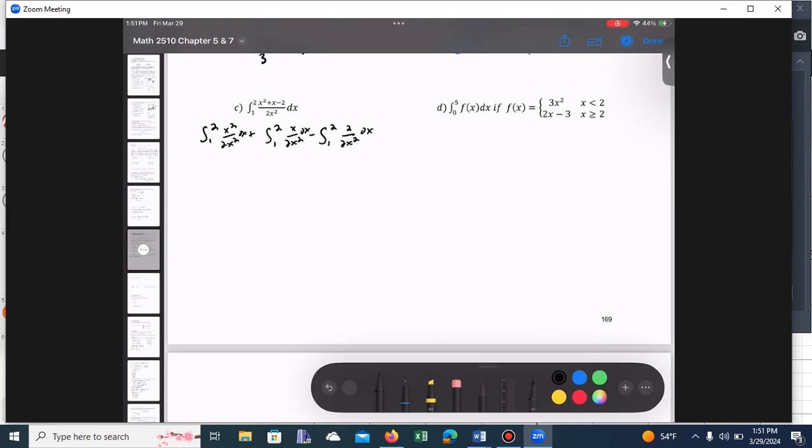Alright, so let's simplify this before we do it. So this is going to be 1 over 2 dx. This is going to be 1 over 2x dx. And this is going to be 1 over x squared dx.